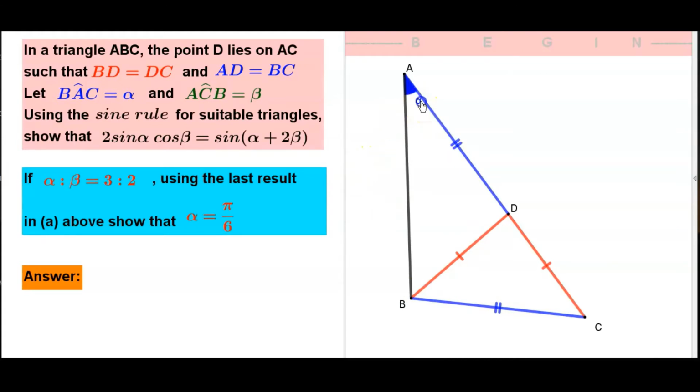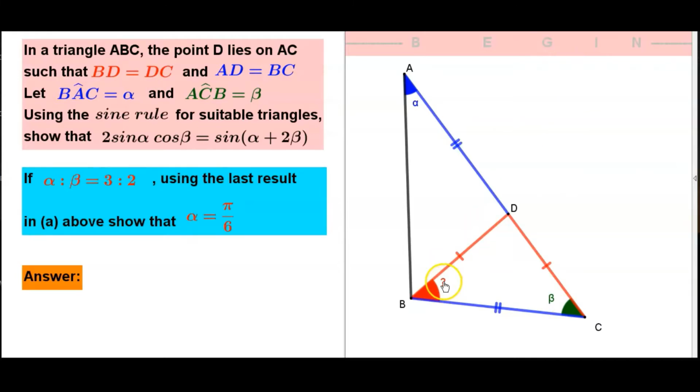This angle is given as alpha, that is angle BAC is alpha. This angle is given as beta, angle ACB is beta.